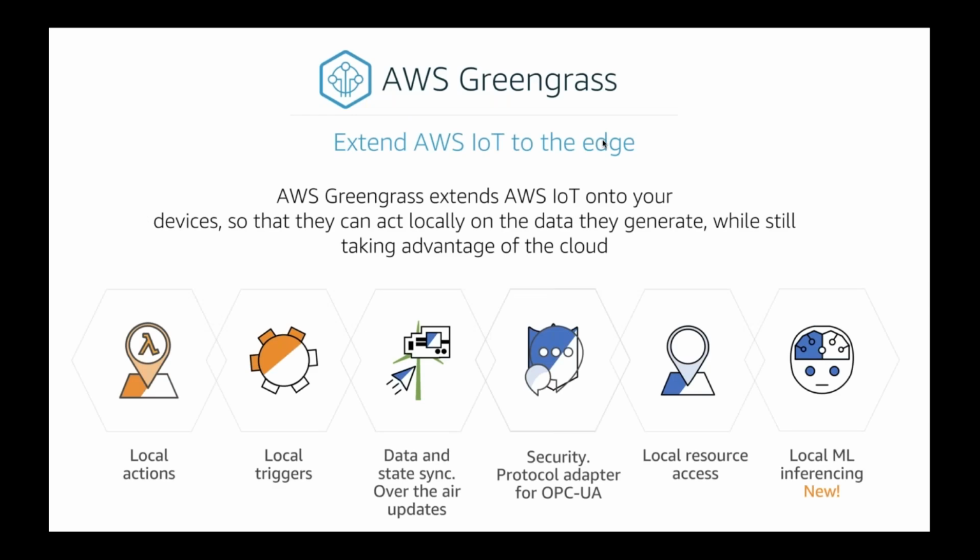AWS Greengrass extends AWS IoT to your devices, so they can act locally, and the data that they generate is filtered before it is sent to the cloud. Think of Greengrass as a local extension of AWS IoT Core. Just like AWS IoT Core, there is a message broker built into Greengrass, so devices can continue to talk to each other.